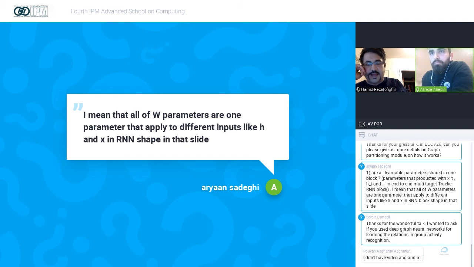I assume the one thing we say about the shareable parameters is that they are shared across all of the targets. The RNN modules for prediction and update are the same for every target. We just have a duplication of that one. But I'm not sure what you mean by all of the shareable parameters being in one block or not.